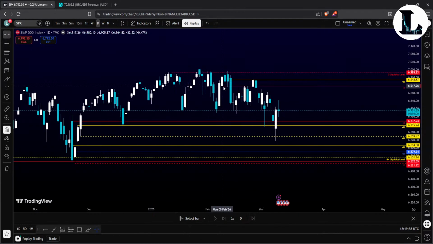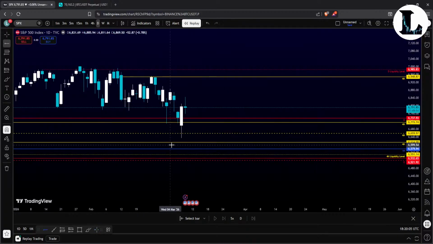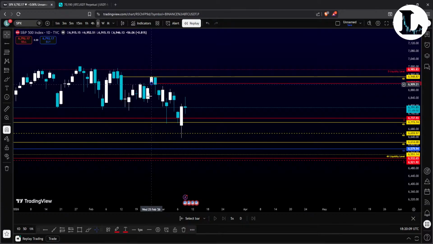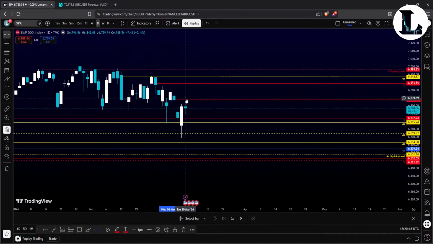Okay, even though this was probably on a 4-hour inside this daily, we have a really nice resistance on the top, but every daily candle, unless this one, is already tested. Even this one here, it was tested today.